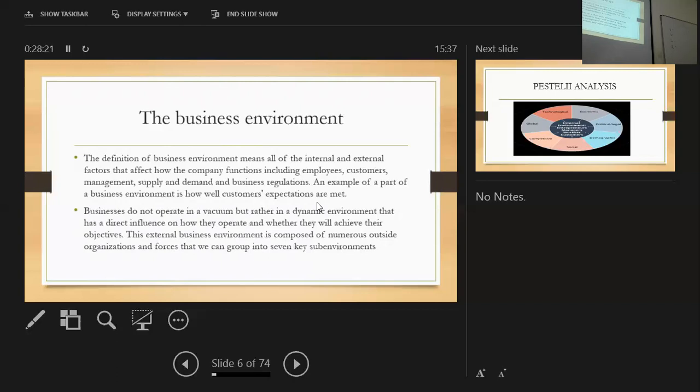So it means that business operates in a volatile, uncertain, complex, and agile environment, emanating from various factors within the external environment. Are we together? All right. Dynamic environment that has a direct influence on how they operate and whether they will achieve their objectives or not.